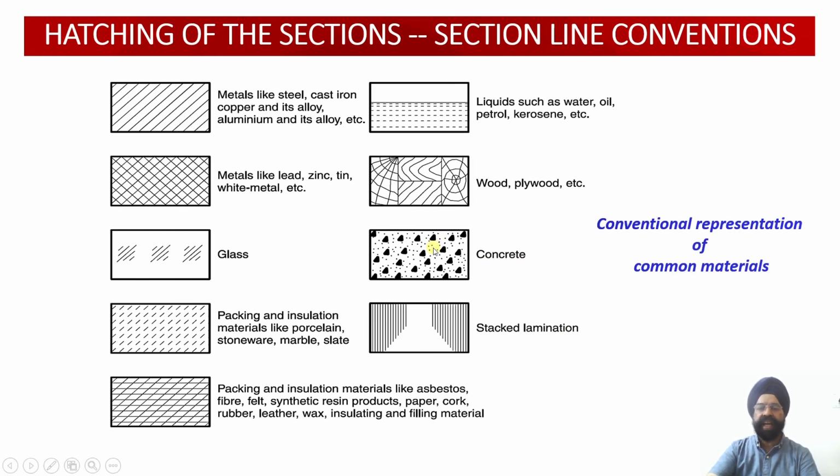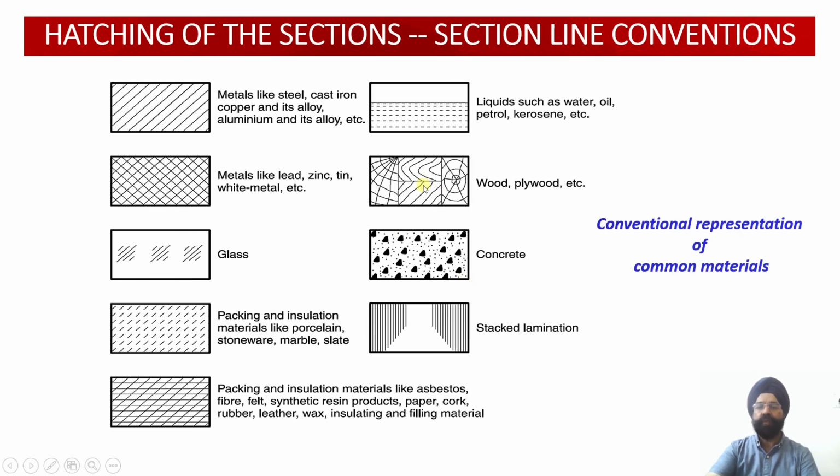For concrete, it is very easy to understand. Concrete has sand, particles and pebbles, so we are mixing both of them up. For any sectioned structure related to civil engineering, there may be a beam or a column made out of concrete, and there this sort of hatching will be done.